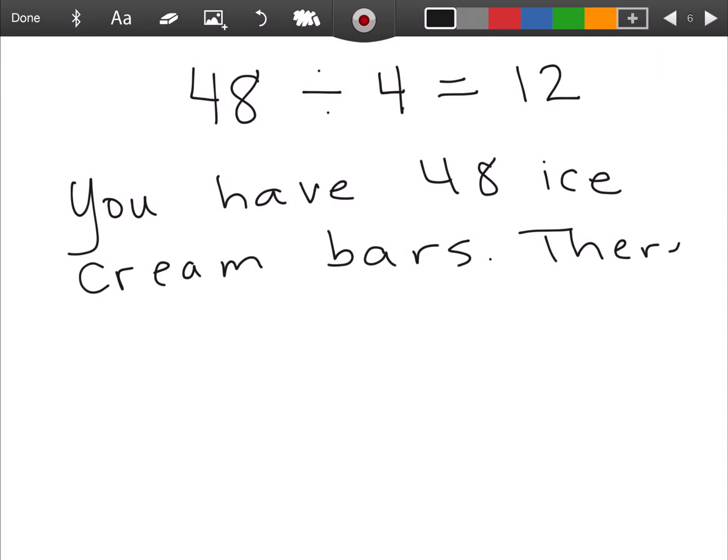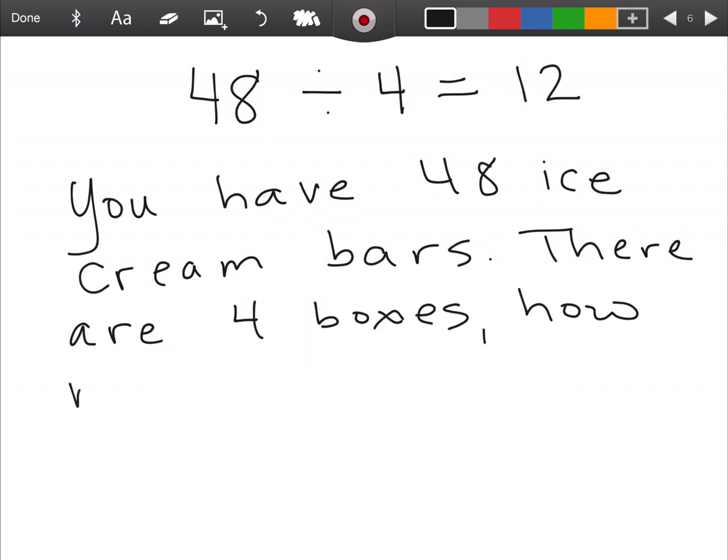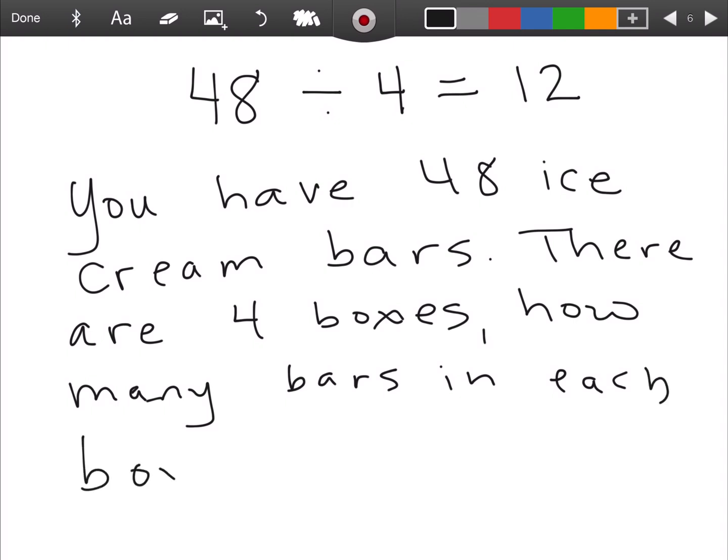There are 4 boxes. How many bars in each box? And then I've asked you to draw a picture to go with this.